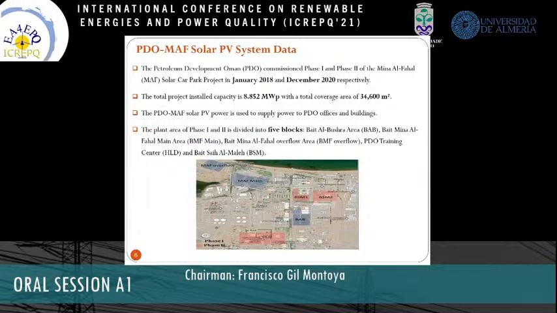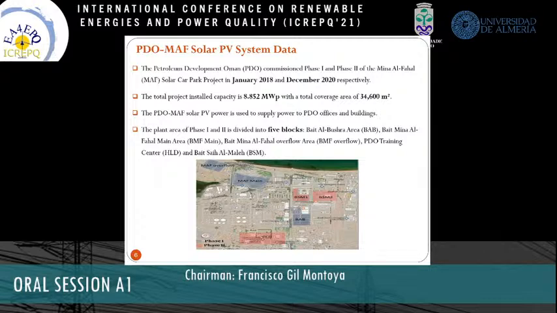The Petroleum Development Oman MAF Solar Car Park location has a high level of solar radiation throughout the year. The PDO commissioned Phase 1 and Phase 2 of the Mina Al Fahal Solar Car Park projects in January 2018 and December 2020 respectively.